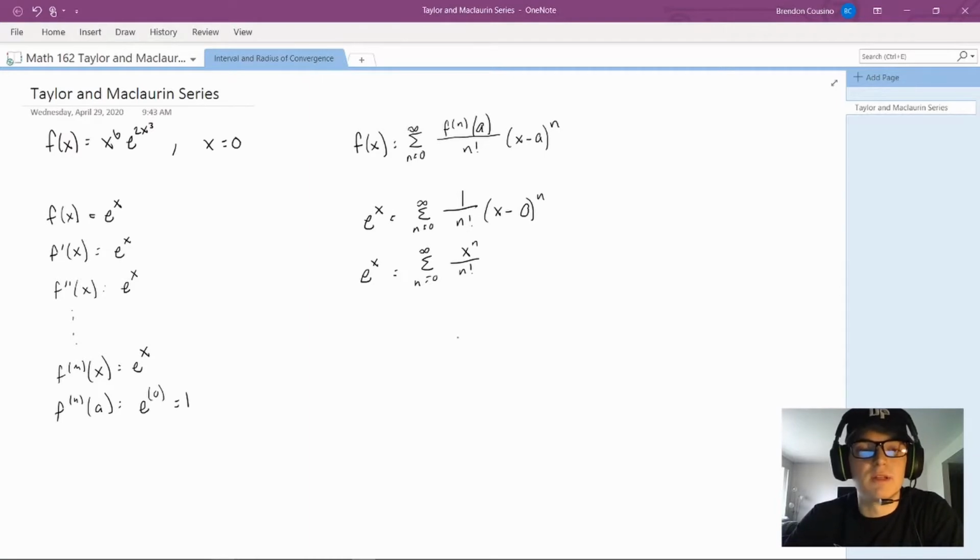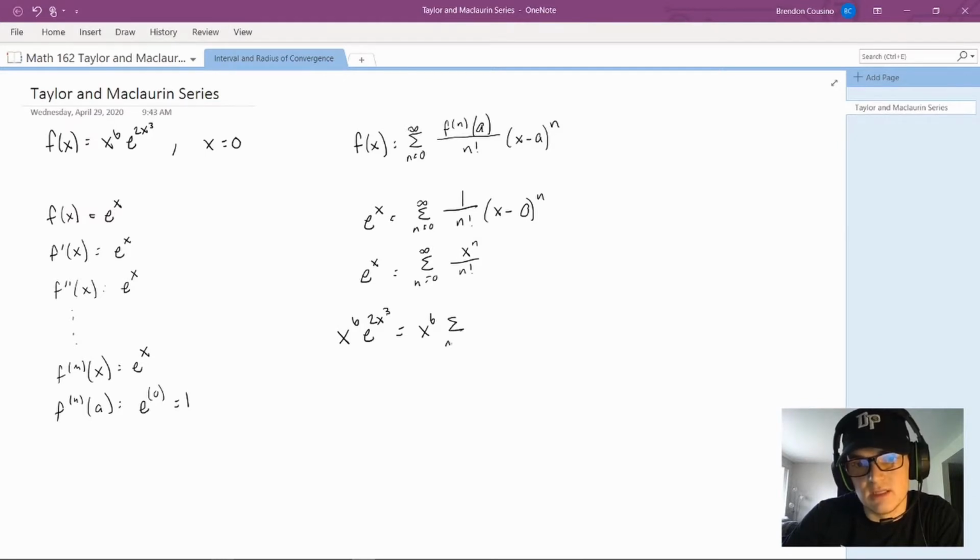Now we want to relate this Maclaurin series representation to our original function that we started out with. So we can say x to the 6th e to the 2x cubed is equal to, since our series is in terms of n, this x to the 6th can come out of the series.